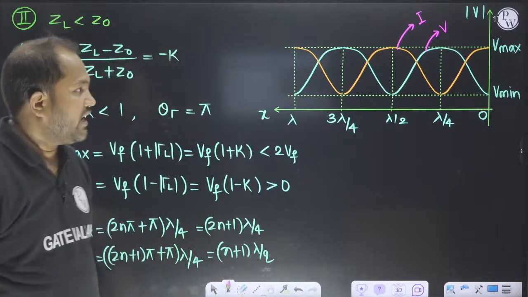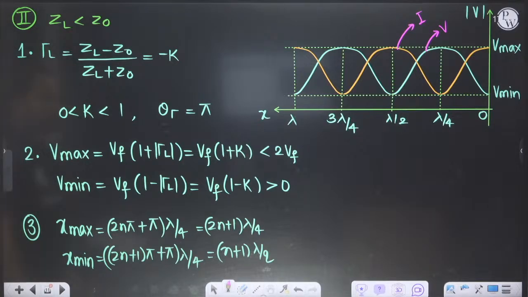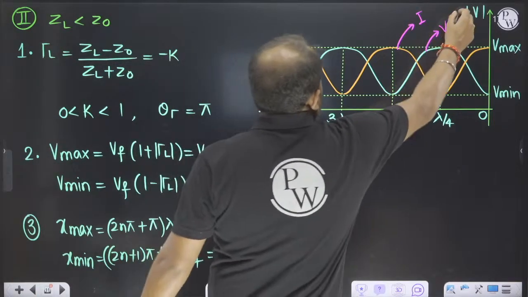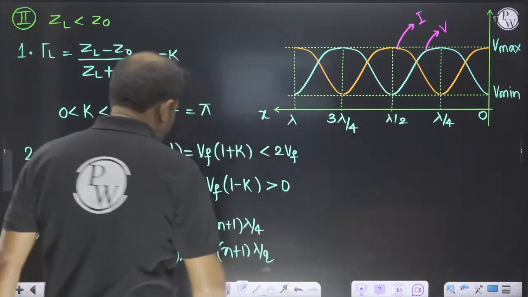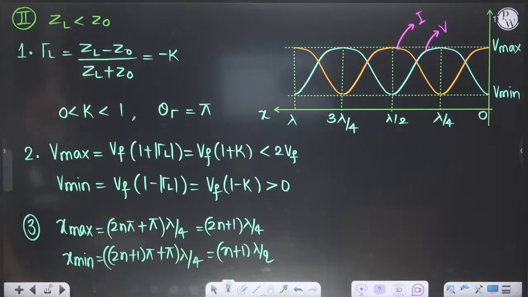So you are getting it like that. This is the case of VSWR for ZL less than Z0. Then we will go to the next point.